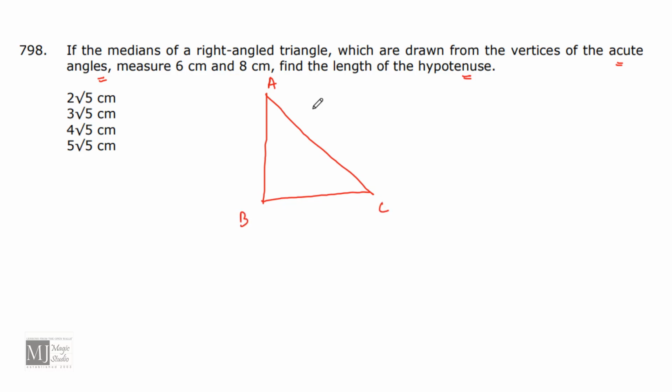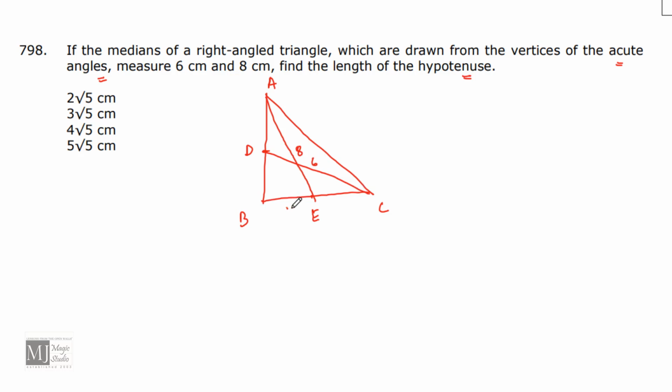We are looking out for the length AC. Now we have a median AE and median CD. Suppose AE is 8 centimeter given and CD is 6 centimeter.